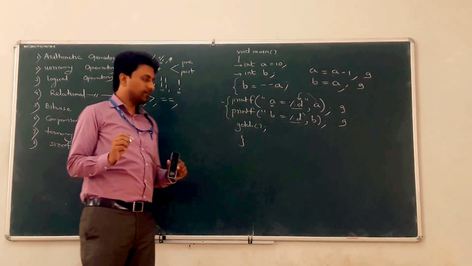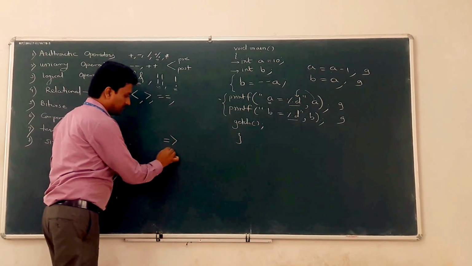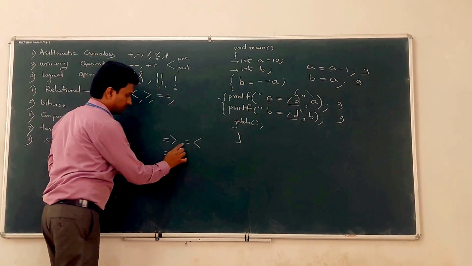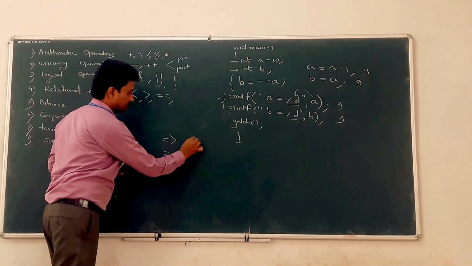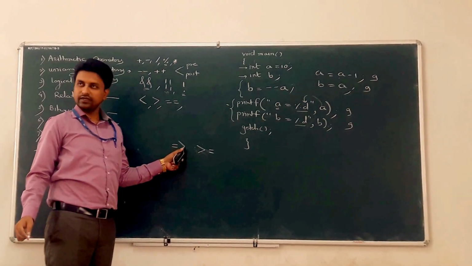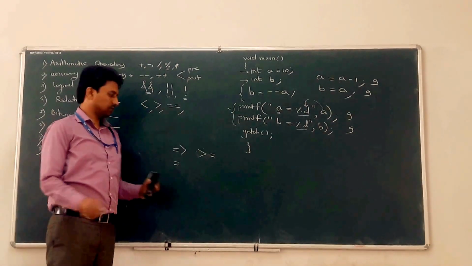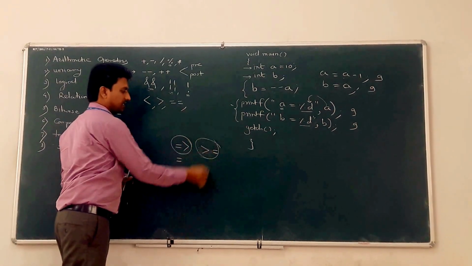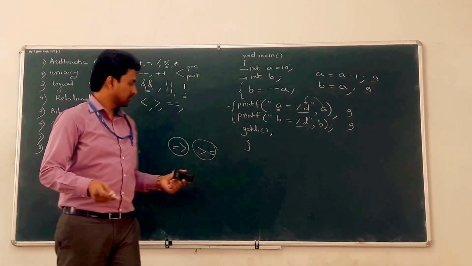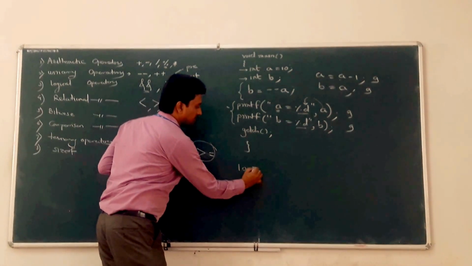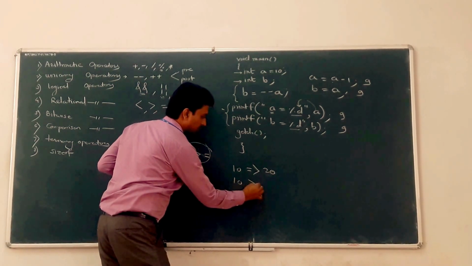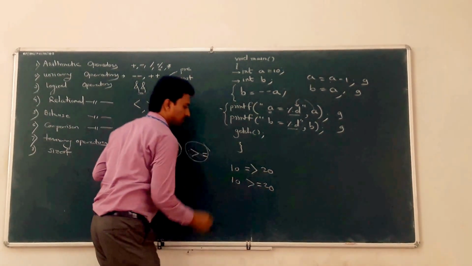Now see, in mathematical terms, equal to, greater than or equal to, less than, equal to. These operators, equal to, greater than, equal to. These are two different or same? In mathematics, suppose 10 is equal to greater than 20 or 10 greater than equal to 20.